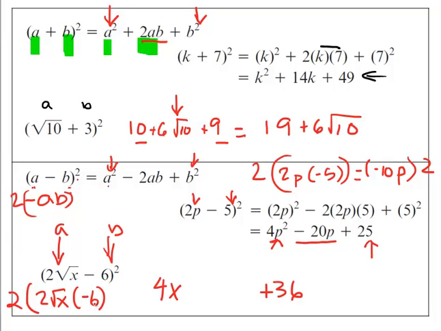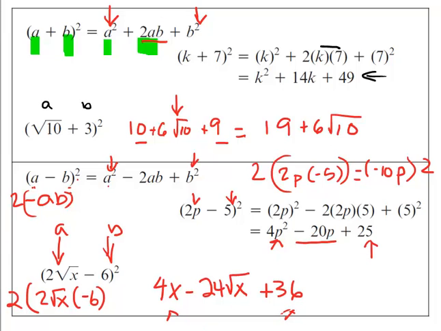So I have negative 12 root x times 2, so negative 24 square root x. And believe it or not, that's a quadratic, because that's a square and that's a square.